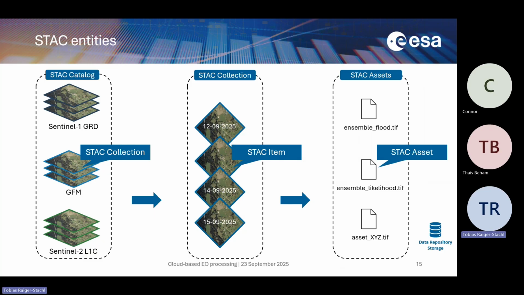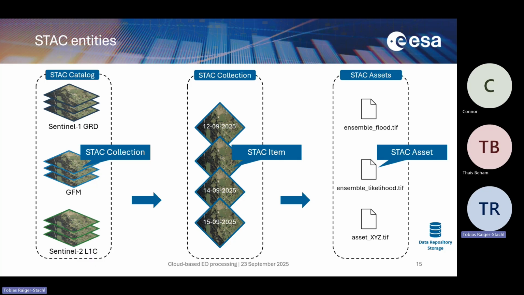The concept of STAC is that you have different kinds of entities. At the top level, you have basically the STAC catalog, which providers can run. In the STAC catalog, you can add STAC collections. A STAC collection is, as the name suggests, a collection of items which share the same metadata on a collection level.